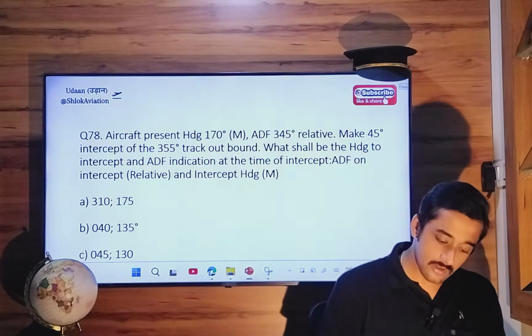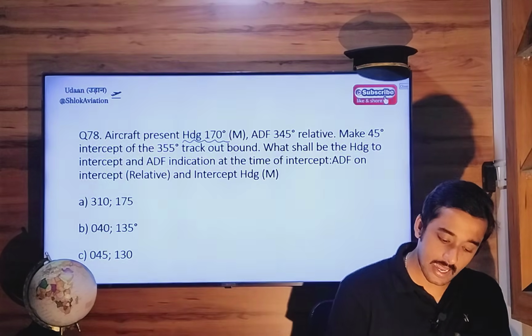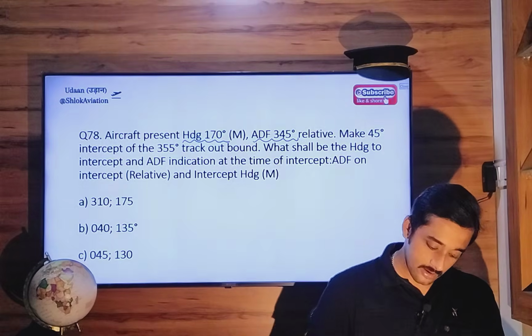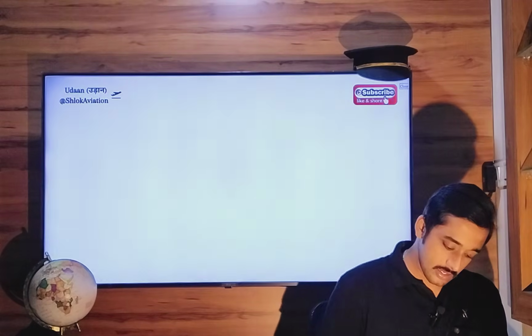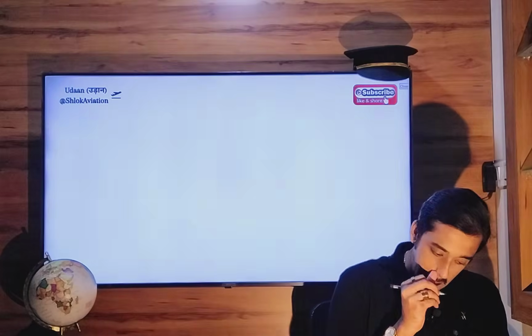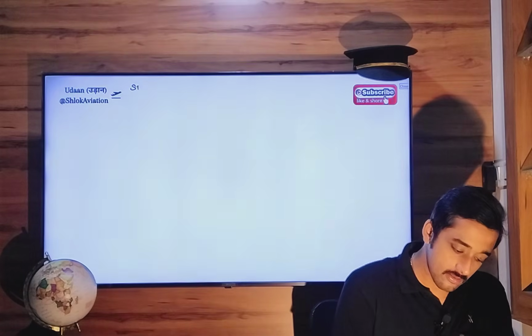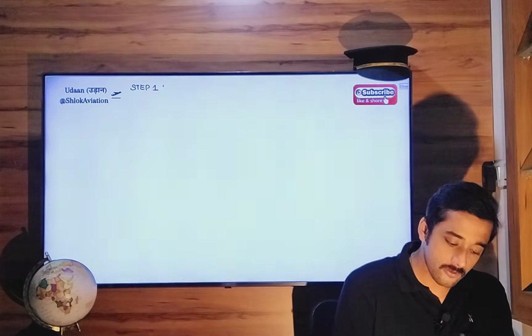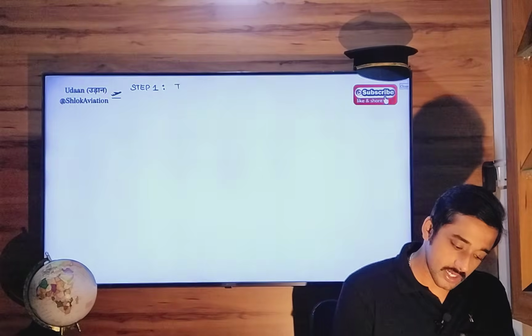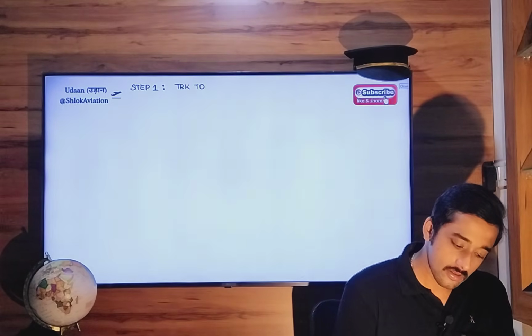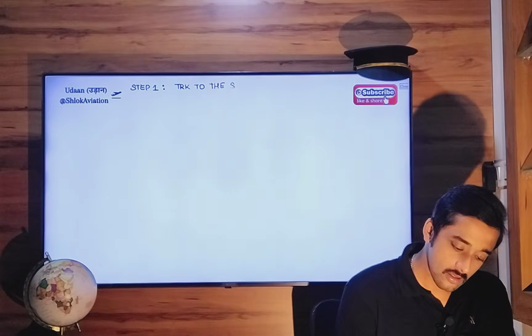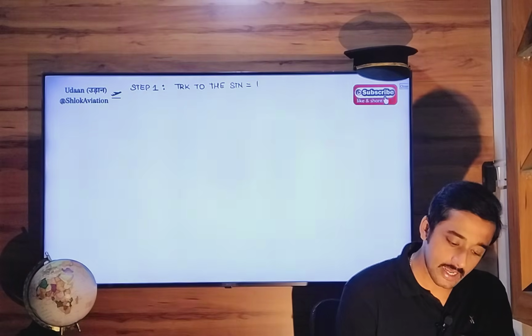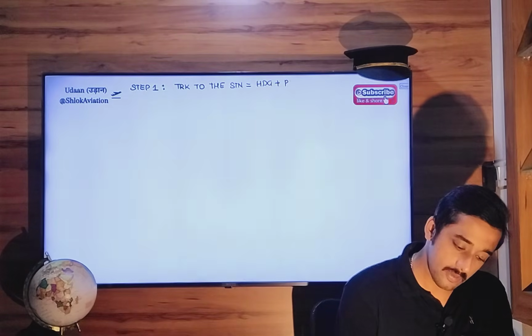So with the information of heading and relative bearing, you can find out, step 1, track of your aircraft. So track to the station is equal to the heading of your aircraft plus relative bearing.